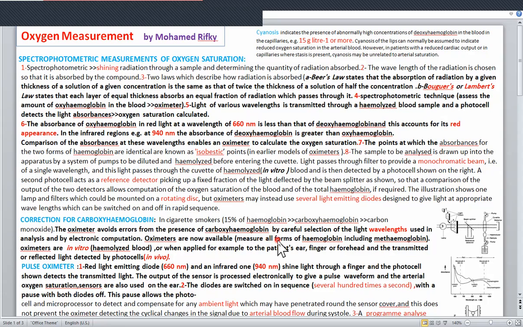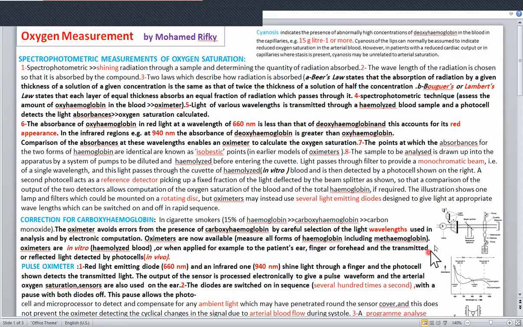Most workers working in factories get a high amount of carbon monoxide. We have different types of oximeter that can measure types of hemoglobin such as carboxyhemoglobin and methemoglobin. Methemoglobinemia means that the ferrous is turned to ferric.